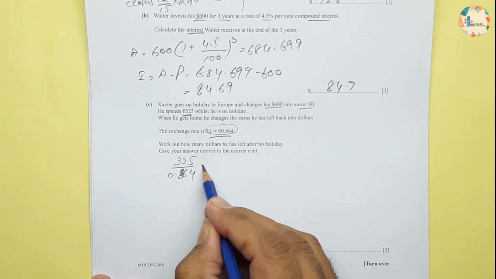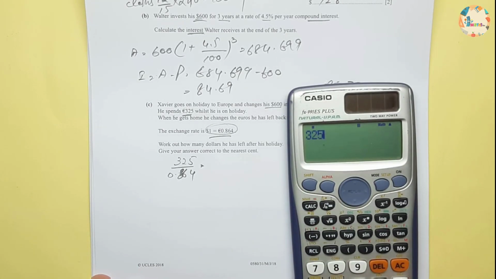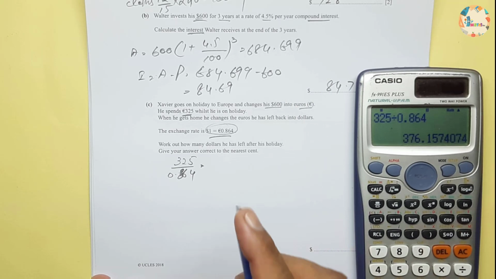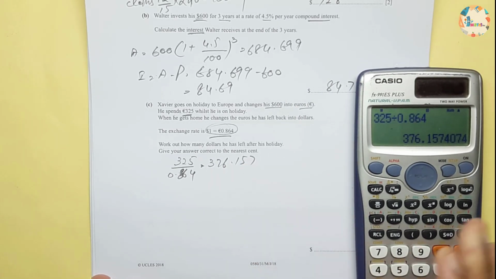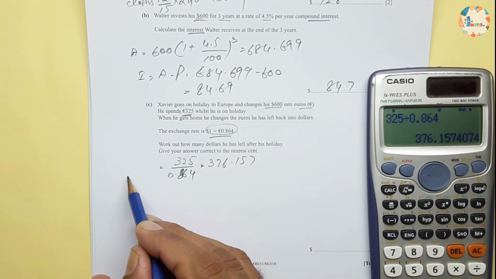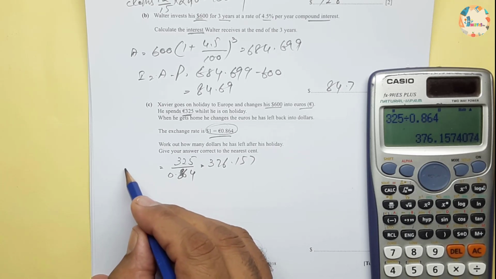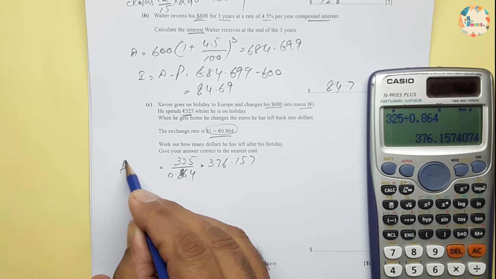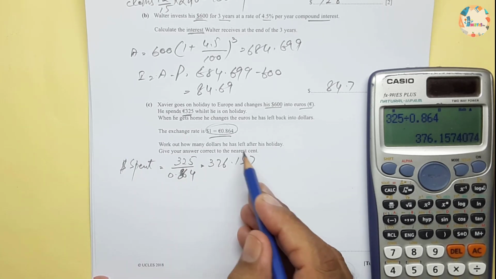If we divide 325 by 0.864, this will be equal to 376.157. So this amount in dollars, basically this is the spent amount in dollars. So dollars spent, we can write like that.